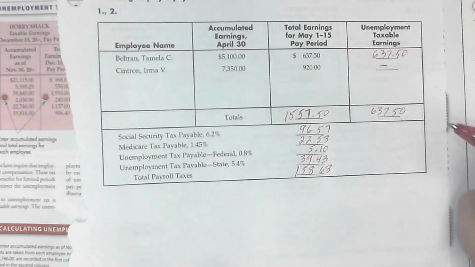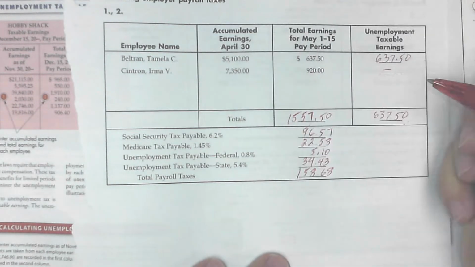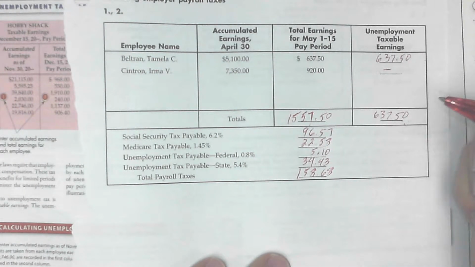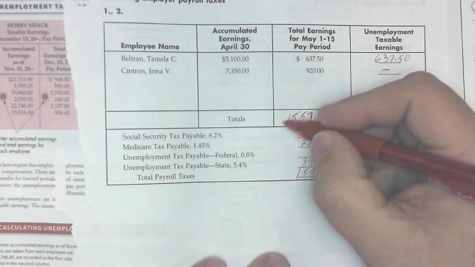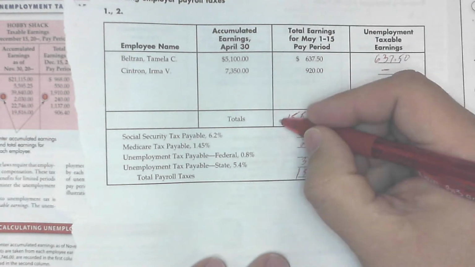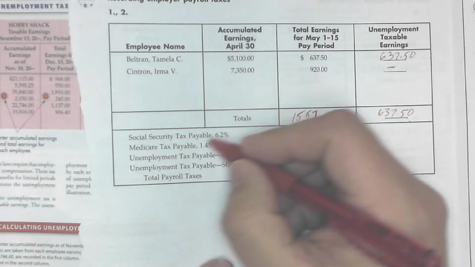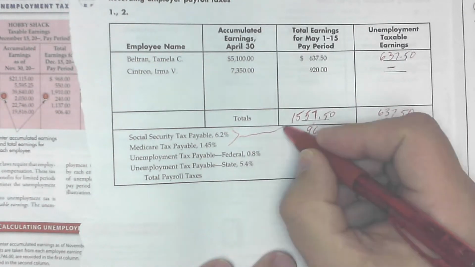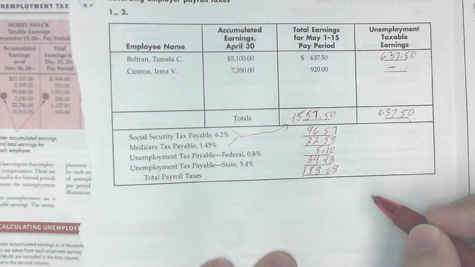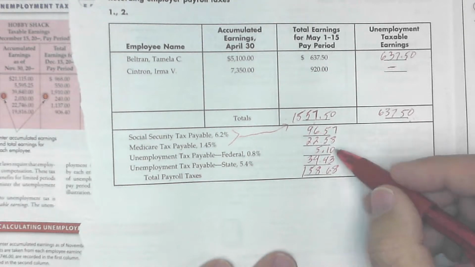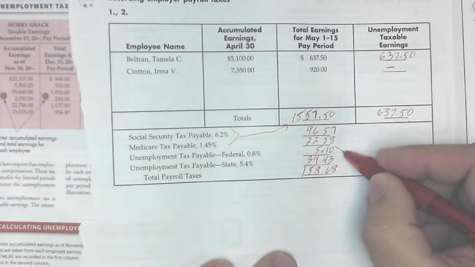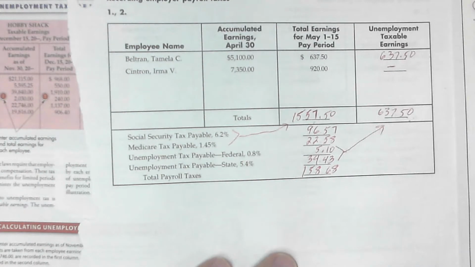So, as I know this, you remember when you do this on your own, however you want to mark it, you can draw a line to that column. However you want to do it.